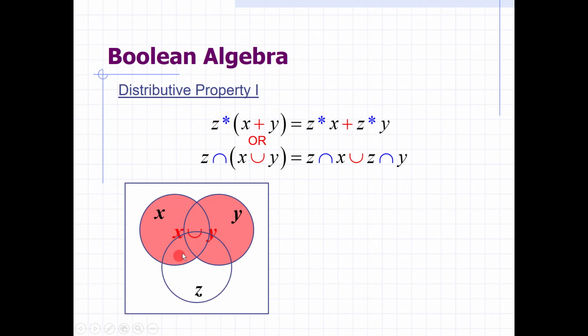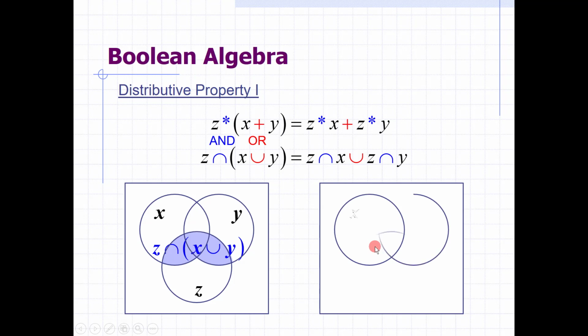And that'll just be right here. That's where we intersect or overlap with Z. So we'll ultimately just end up shading this. So this is our Venn diagram for the left side of the equation.